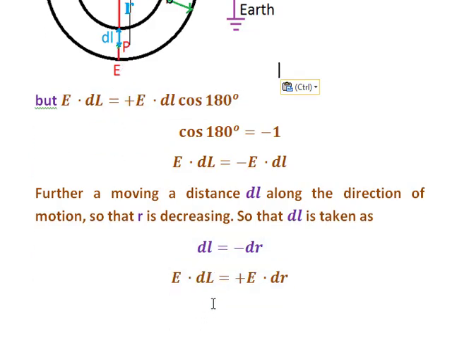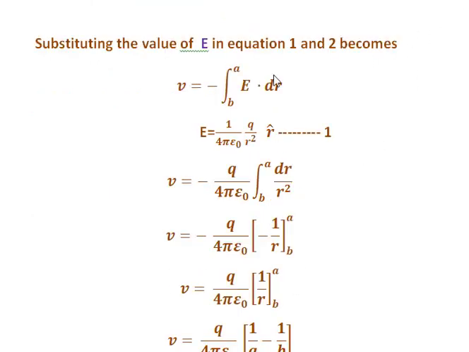So E dl, with dl equal to minus dr, becomes positive E dr. We know well the equation for E. Now substitute the value of E in the equation. E is 1 by 4 pi epsilon naught into q by r square into r hat. On substituting this value, we get this equation.